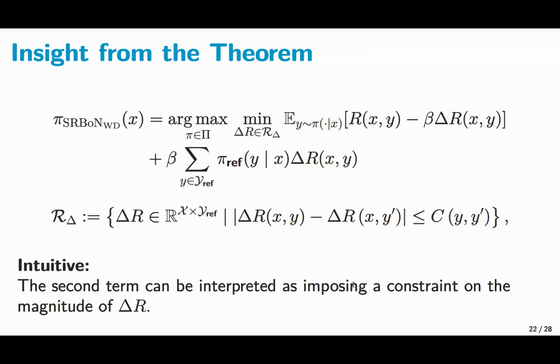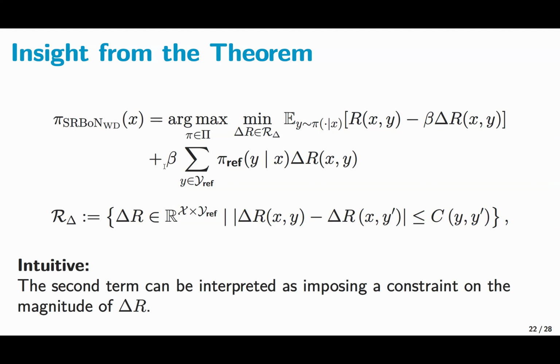Intuitively, the first term is the same as in SRBoN-KL, optimizing the reward function while considering reward perturbation. What is the second term?